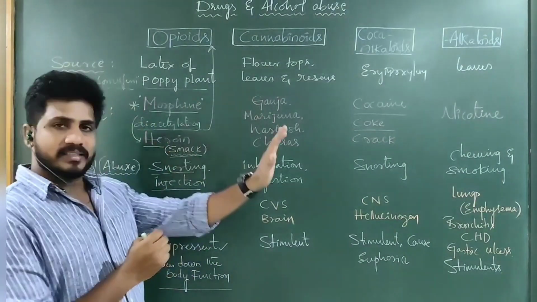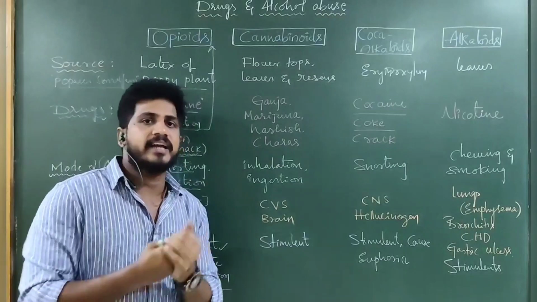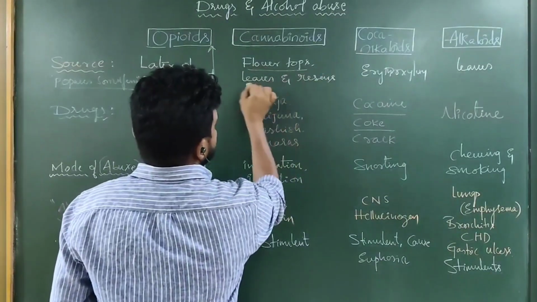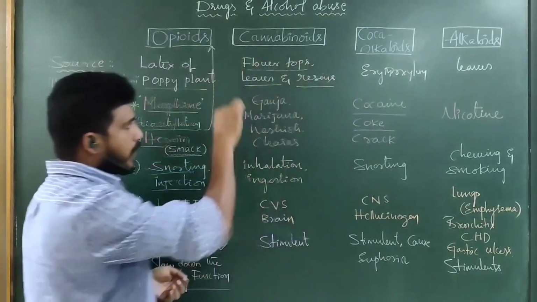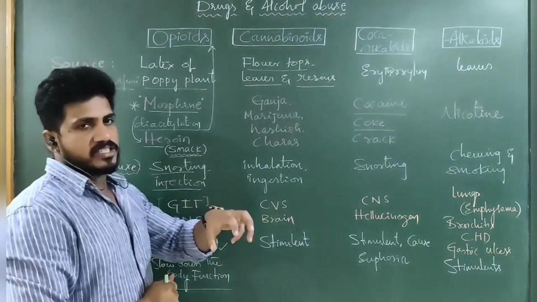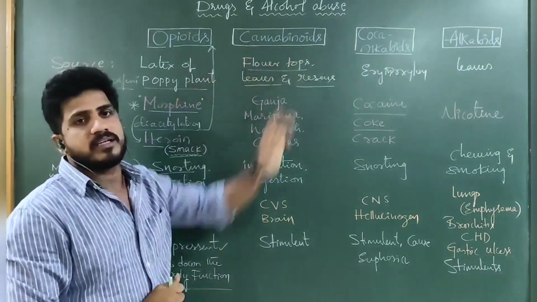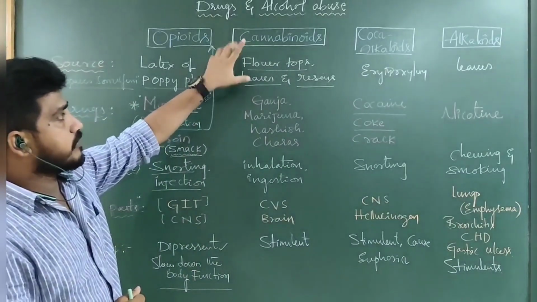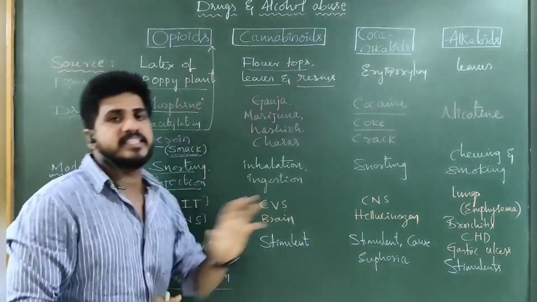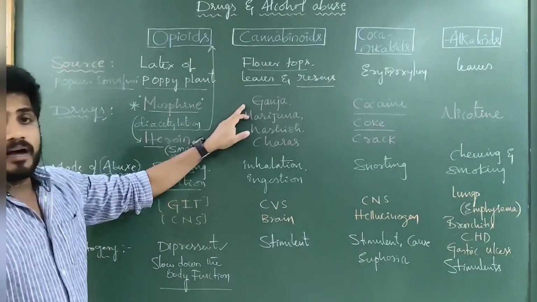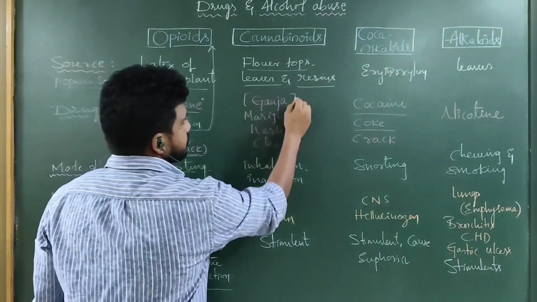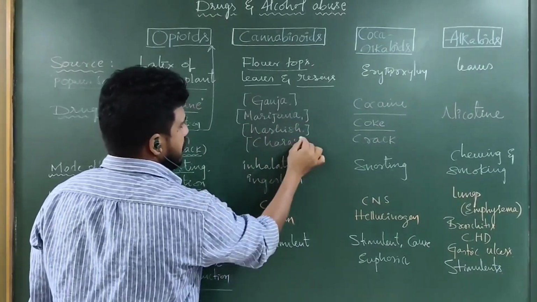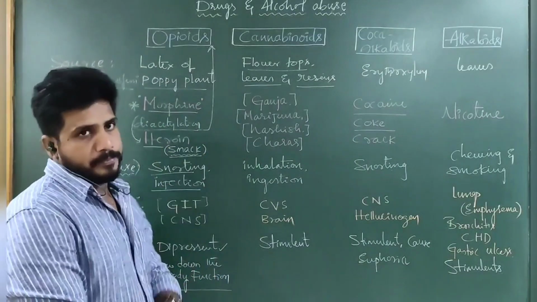I am going to introduce the other three so that you will have a good comparison as well as differences. Now, flower tops, leaves and resins are the parts of some plants from which cannabinoids are extracted. Second category of drugs: cannabinoids are extracted from flower tops, leaves and resins. They are from ganja, marijuana, hashish, charas, the drugs they are made from.